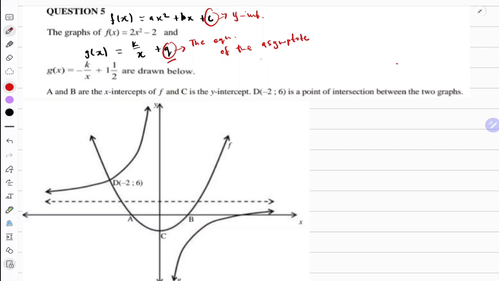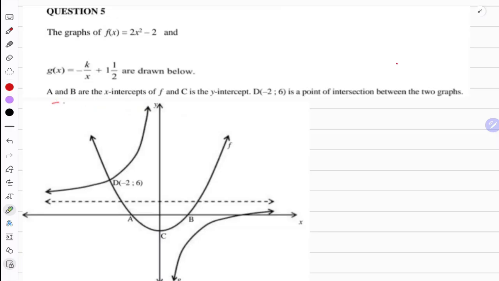Essentially, the value of q represents what the asymptote is. Not necessarily the equation, but the value of q. So y is equal to q would be your asymptote. So in this case, 1.5 is your asymptote.